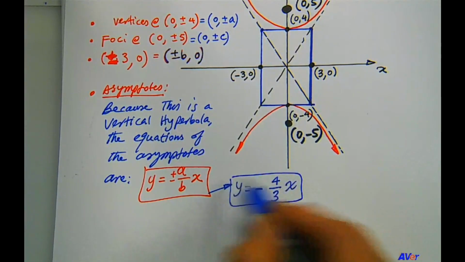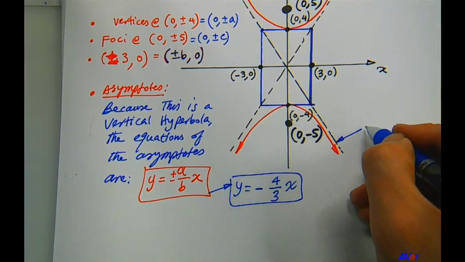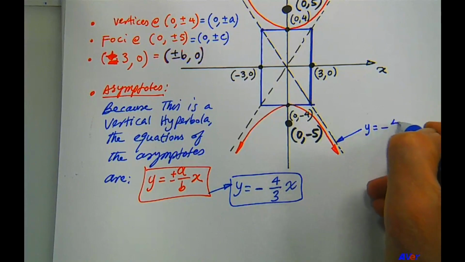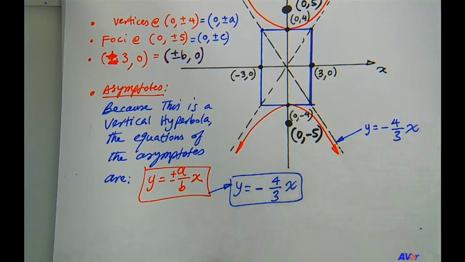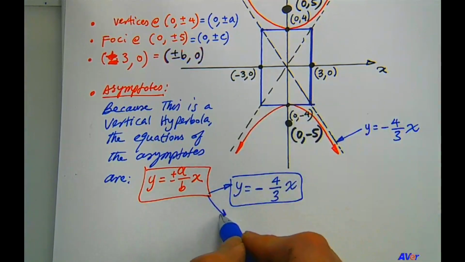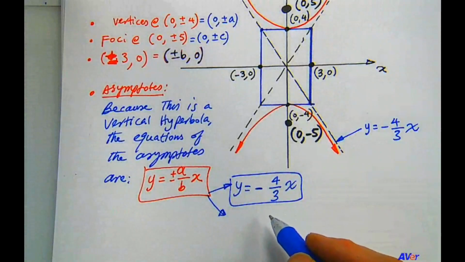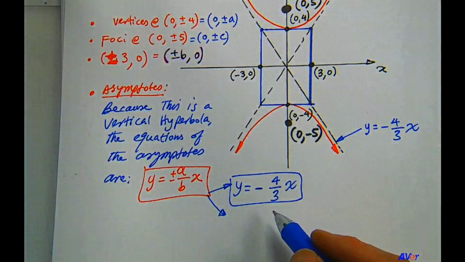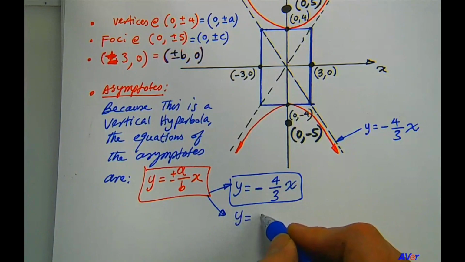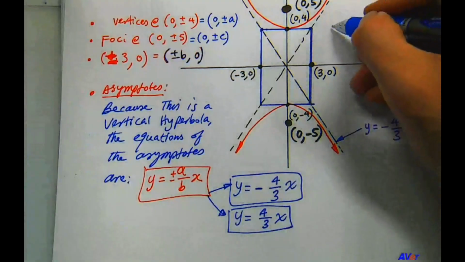That's the equation of that asymptote: y equals minus 4/3 x. And the other asymptote, the one going uphill from left to right, is the one with the positive slope, right? So y equals 4/3 x.